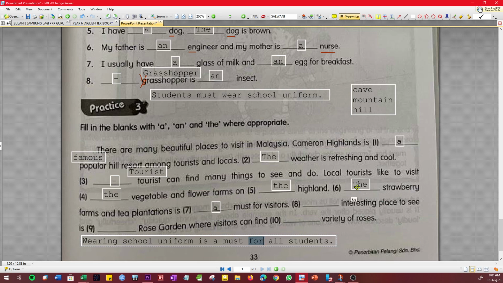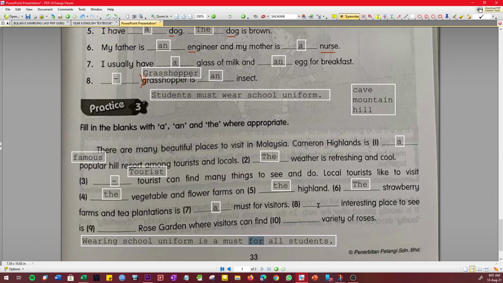Okay. Maksudnya di sini melawat strawberry, kebun strawberry dan juga tea plantations. Kebun teh adalah satu kewajipan bagi semua pelawat, right? Interesting place to see is Rose Garden.